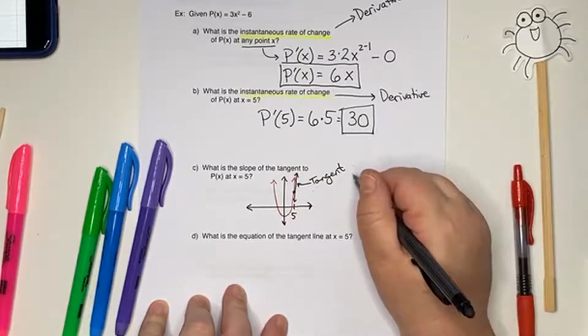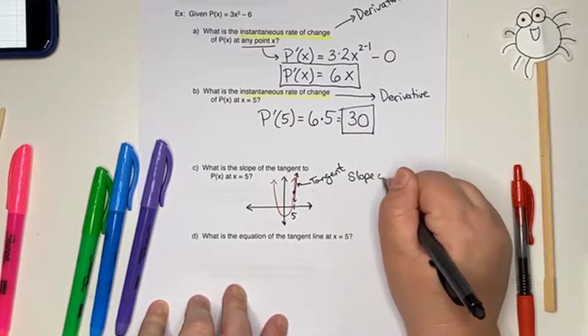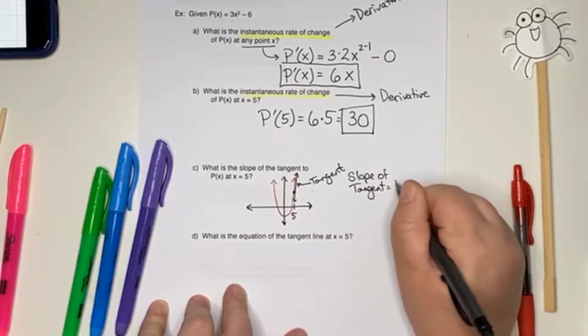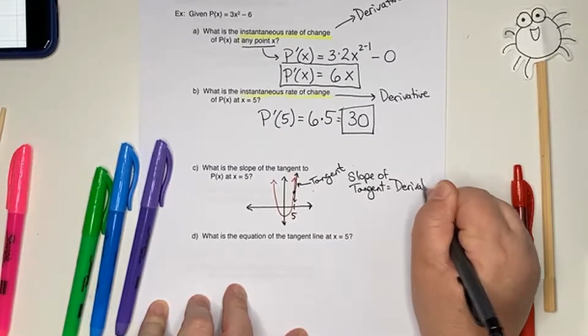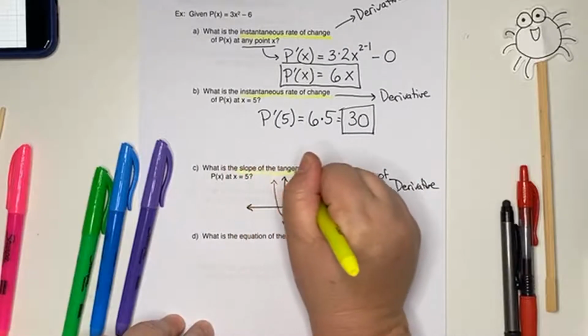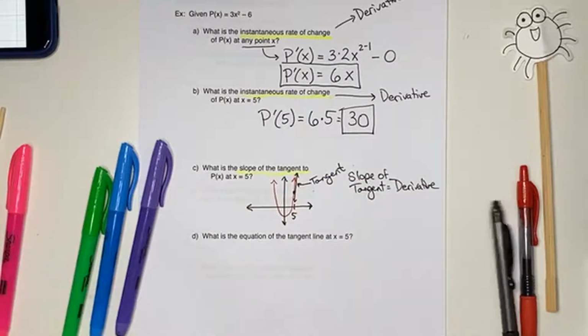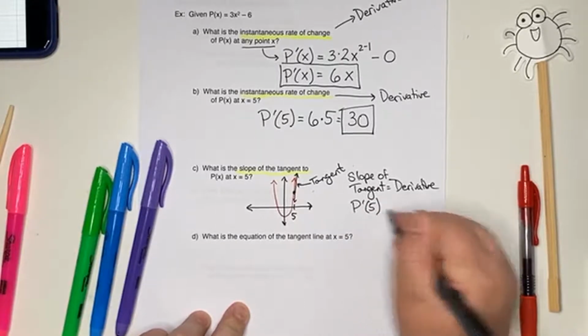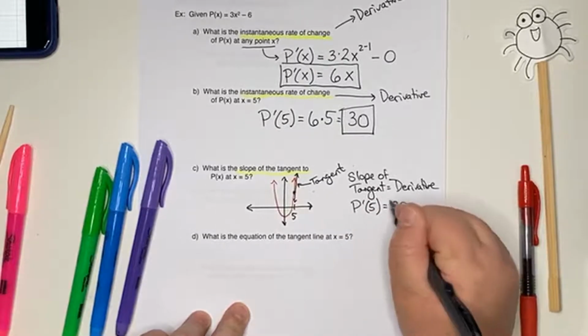And the slope of the tangent equals the derivative. So it's asking us for the derivative. Slope of the tangent means derivative. Like I said, everything means the derivative. When you're a math teacher, you go out and you see derivatives everywhere.